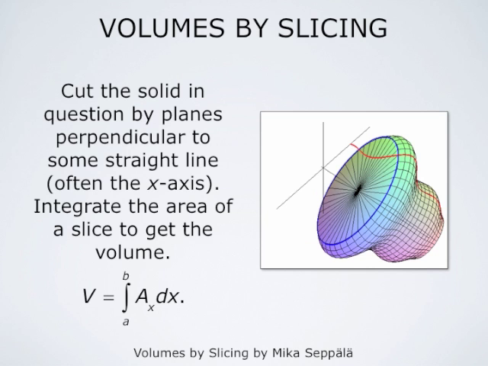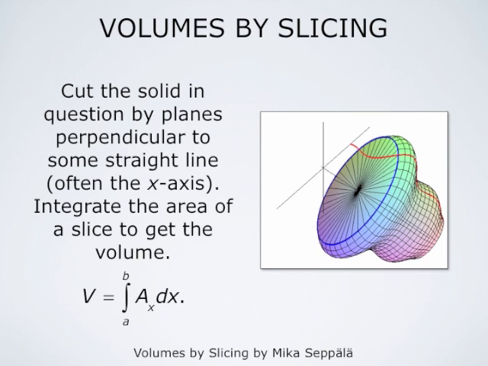So, as a summary, we have now observed that the volume of a solid of revolution, or a more general solid, can be computed by slicing this solid by planes perpendicular to the x-axis and integrating from a to b the area of such a slice, A of x. This slicing can be done in a more general situation.